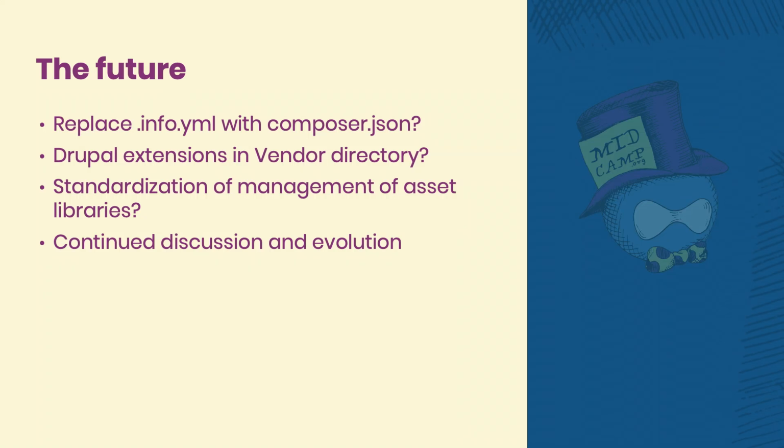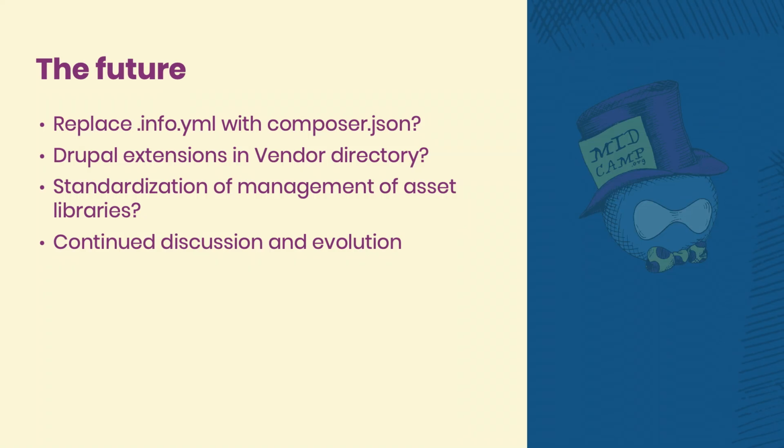So what else might we see? There's been talk about replacing .info.yaml files and only using composer.json, which seems like a move toward thinking about this in a way that I'm sort of proposing, where we're really thinking about it from a PHP dependency management standpoint using Composer. At some point, maybe Drupal extensions could live in the vendor directory outside of the web root instead of /modules or /themes.